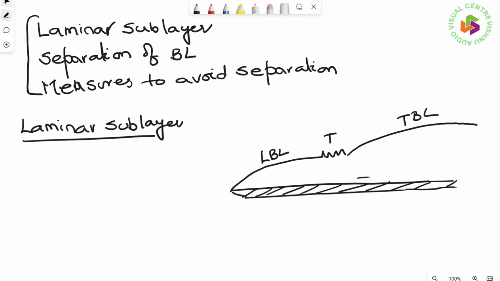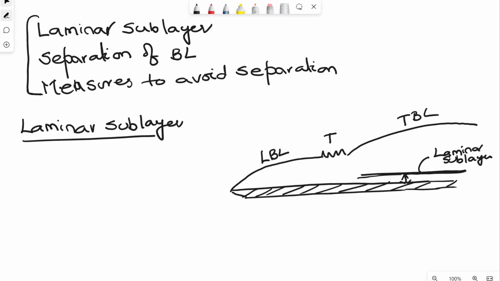Within the turbulent boundary layer, adjacent to the boundary, there is a small zone, this is called laminar sublayer. This is what I mean. Right? Now we are interested to study this region.